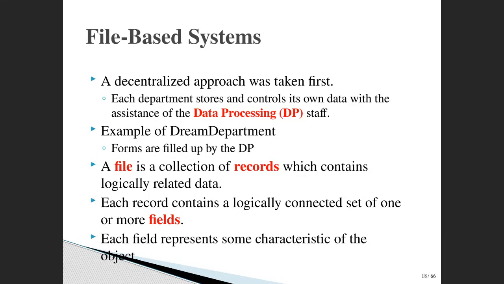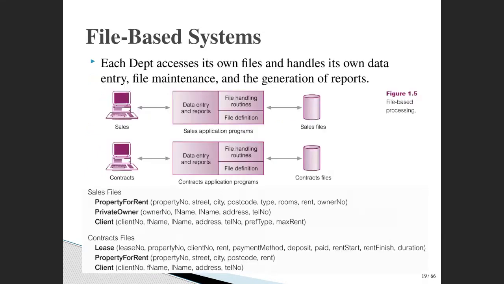And then we gave an example about the file-based, and we said every application program has its own files, which it manages, and they are stored in separate folders, which are not linked to other application programs.